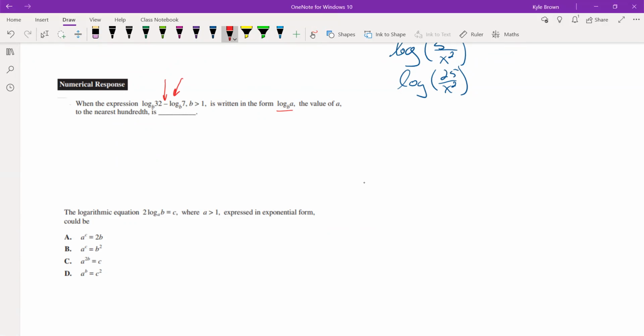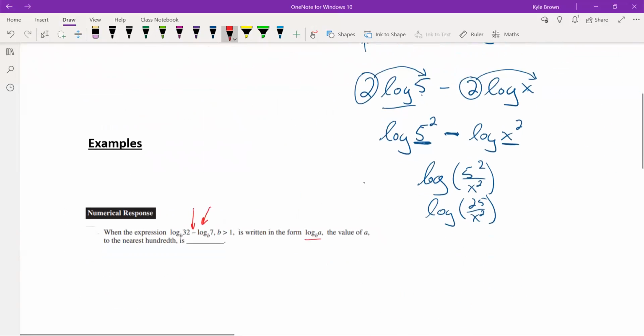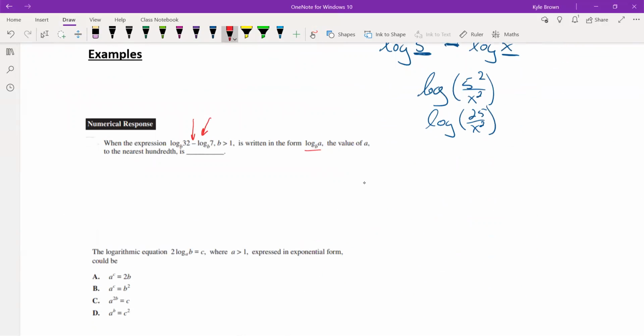I need to divide, right? So if it was written as a subtraction statement, we're going to rewrite it in that form. So that'll be log b of, and then it's just 32 divided by 7.